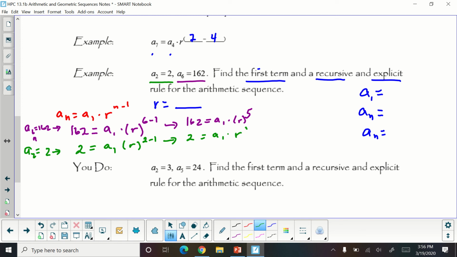Okay, what are we going to do? Well, we're going to divide both sides, and when I do that, 162 divided by 2 is 81. My a sub 1's divide out, and I'm left with r to the 5th divided by r to the 1st, which is r to the 4th.